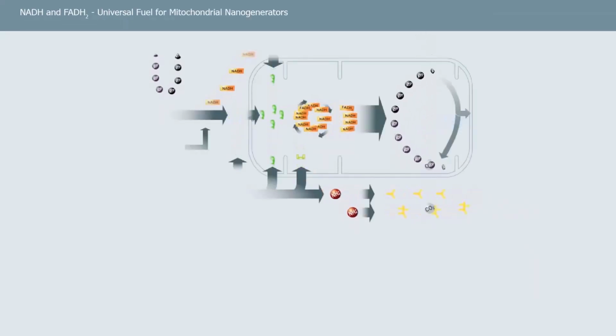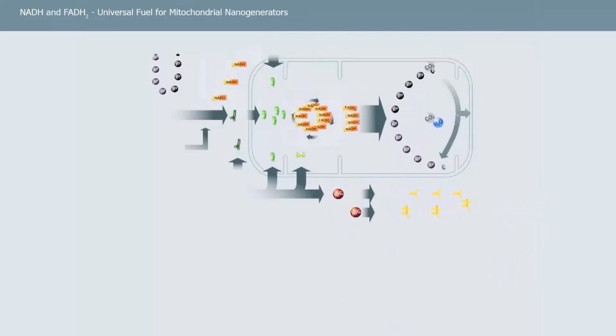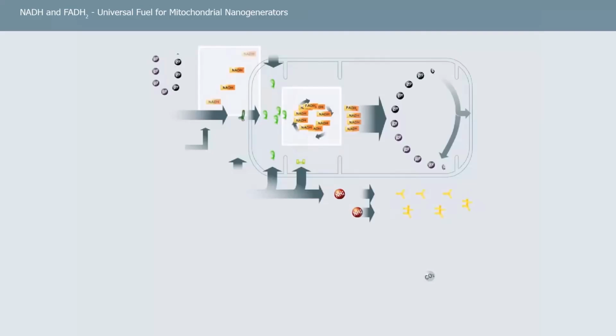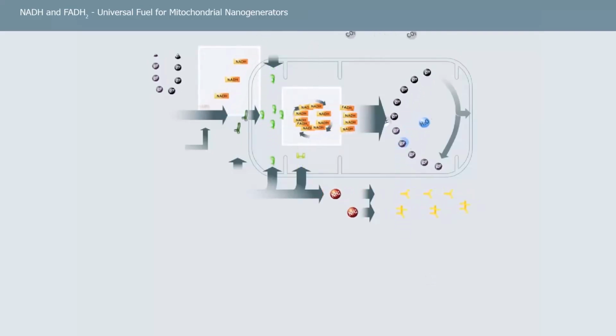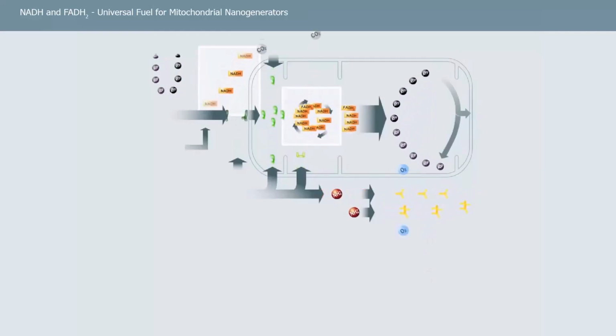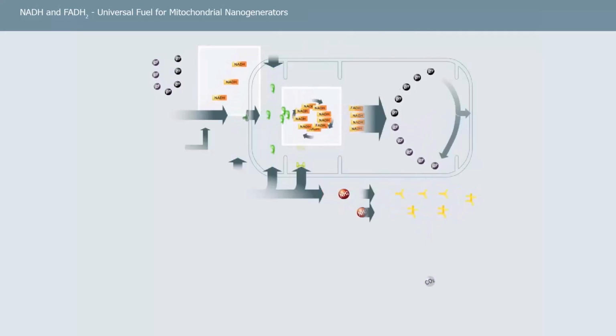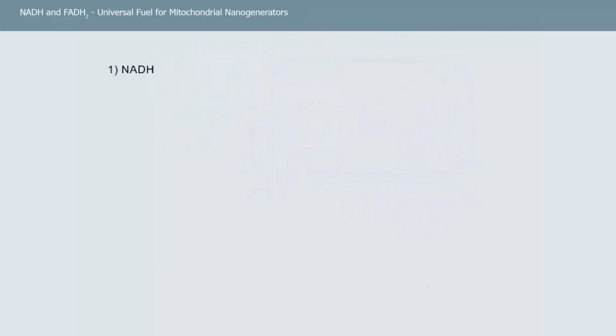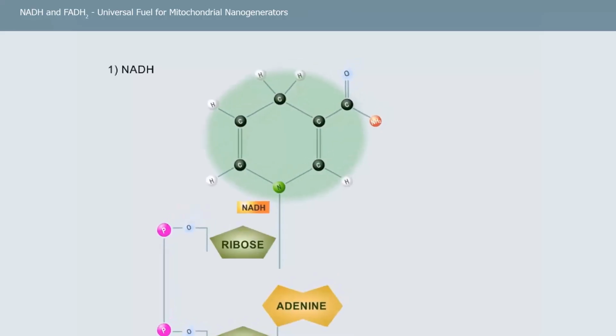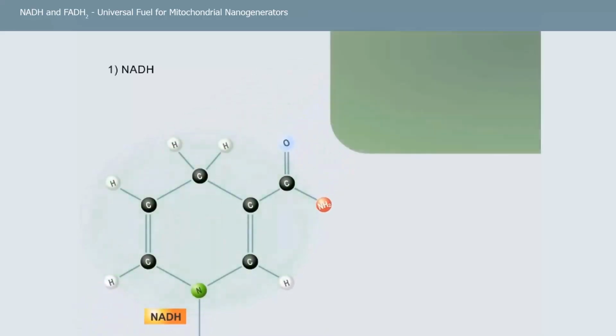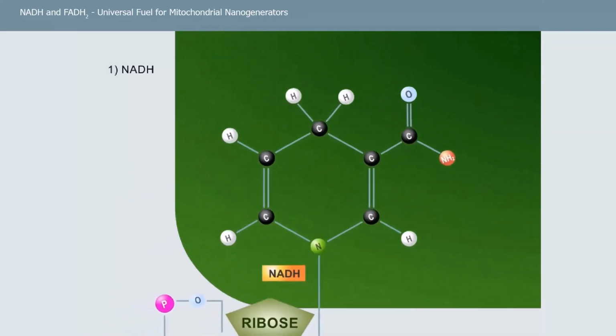The principal fuel for the production of ATP is the energy accumulated in the chemical bonds of NADH and FADH2 molecules. As explained previously, this energy comes mostly from the citric acid cycle, through which all the food molecules were broken down. The molecule of the reduced nicotinamide adenine dinucleotide, often abbreviated as NADH, sheds away a hydrogen ion and passes the accumulated energy on for further usage.